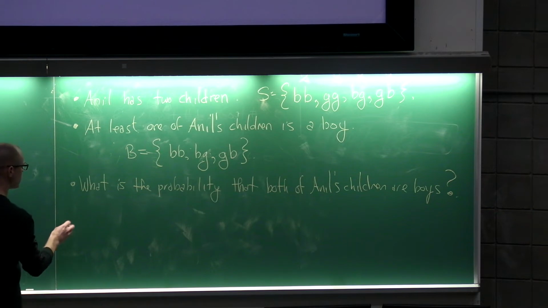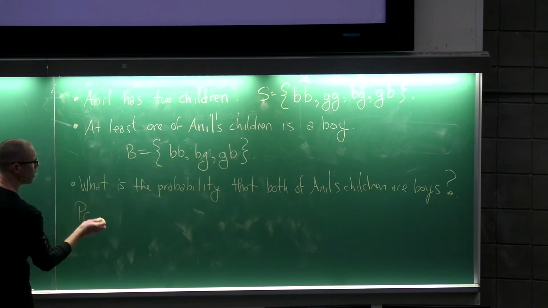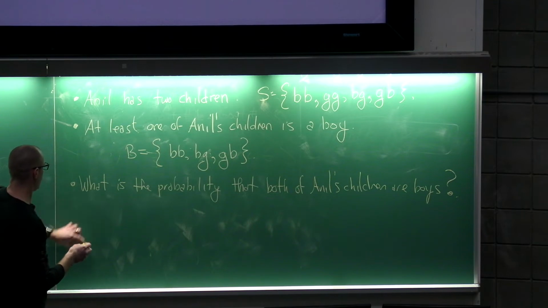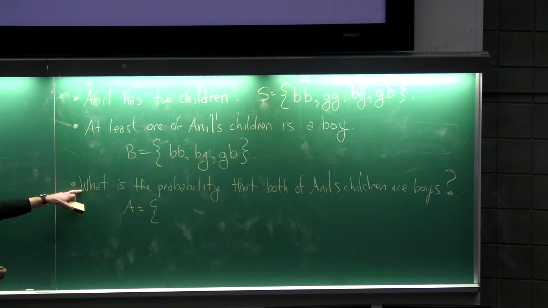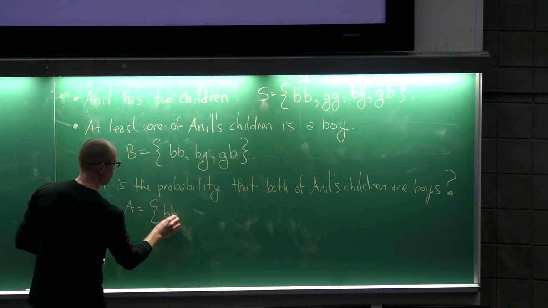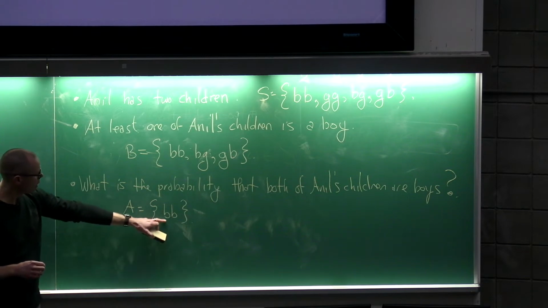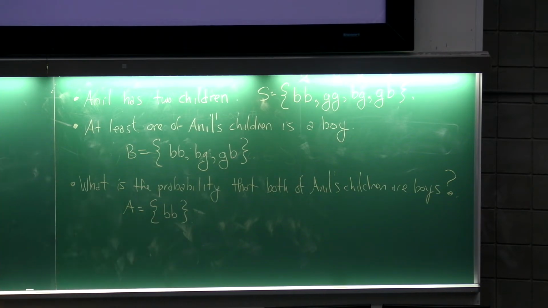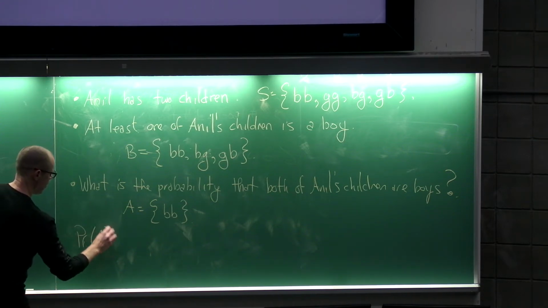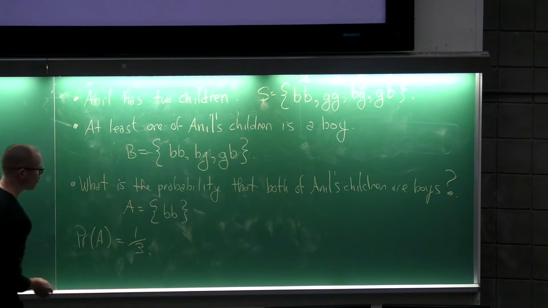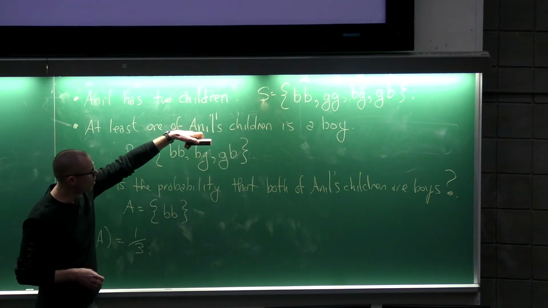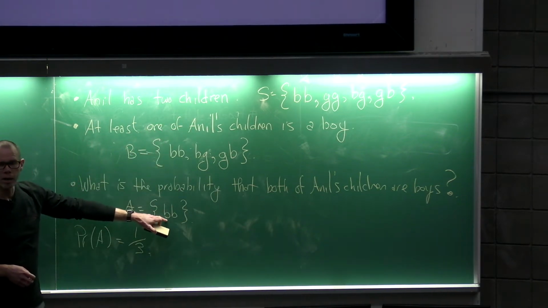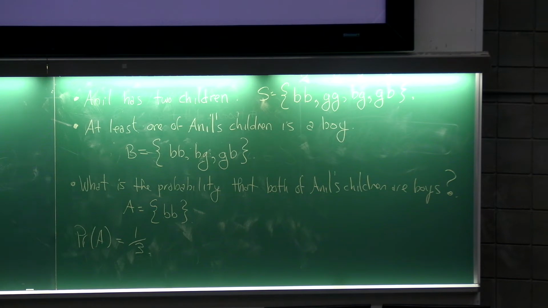So the answer is that the probability of, so let's define A is this outcome, both of Anil's children are boys, which is just a 1-element set, a subset of the whole space, it's BB, and actually the probability of A is 1/3. And that's because each of these has probability 1/3, and this is exactly one of those things. So that's already weird.